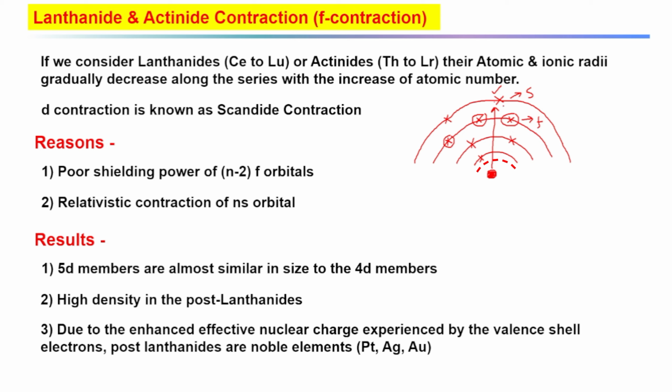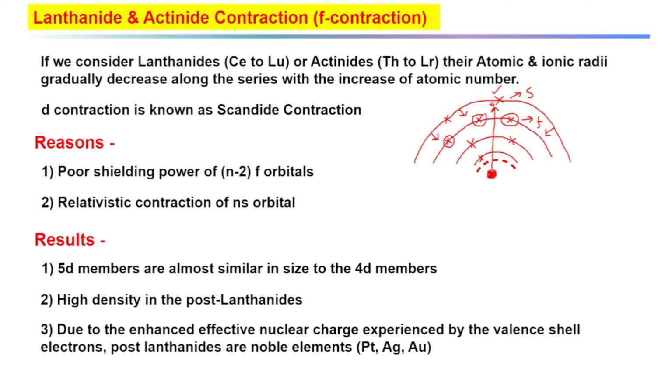Because of that, these electrons get attracted and the radius decreases. Now these orbitals get shrunk. The entire orbital, or the radial distribution function of this orbital, gets shrunk.